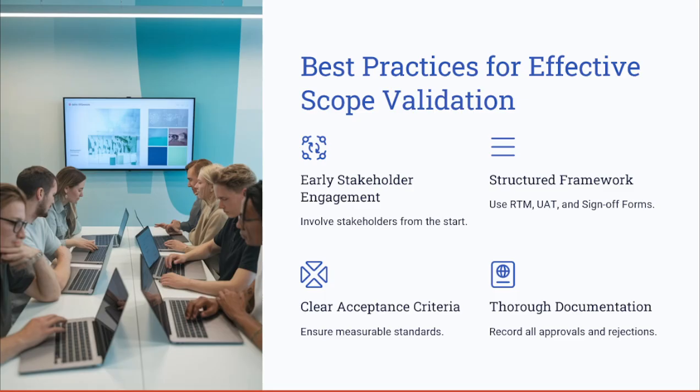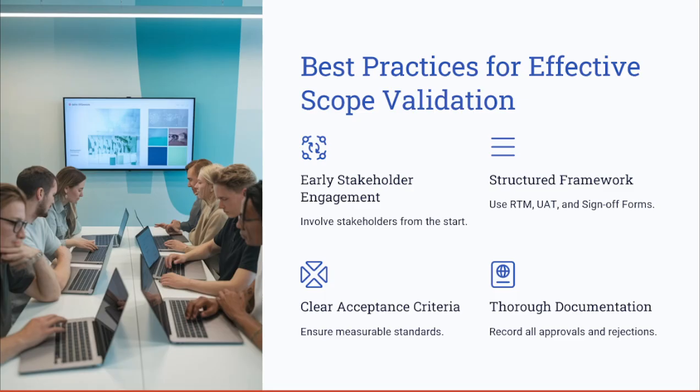Let's now look into the best practices for an effective scope validation. Successful scope validation depends on early stakeholder involvement. By bringing stakeholders into the review process before the deliverables are finalized, the project team can proactively address any concerns.